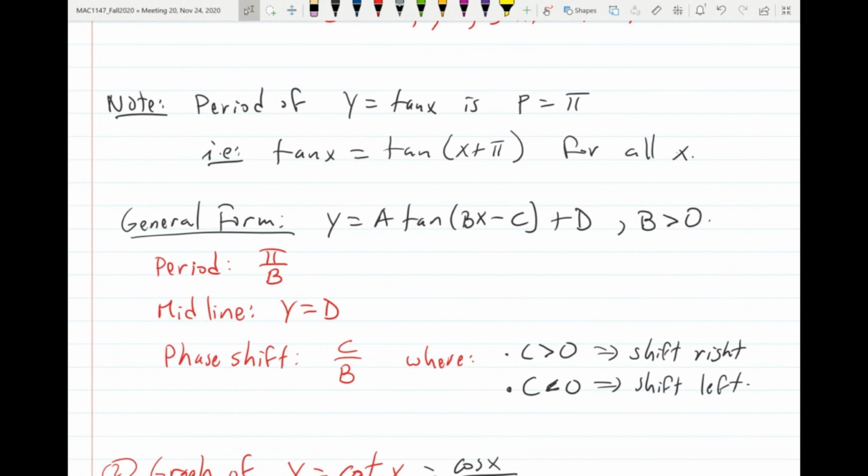And for sine and cosine, the regular function has period 2 pi. That's why we had a 2 pi over there. But here, for the tangent function, the period is pi. So that's why for the general form, we need to have on top a pi instead of a 2 pi. It's pi over b. Do you understand this? Yeah, I got it. Thank you. All right, no problem.